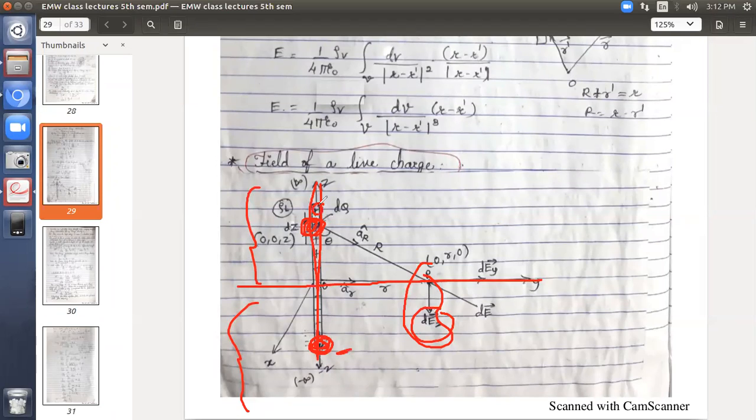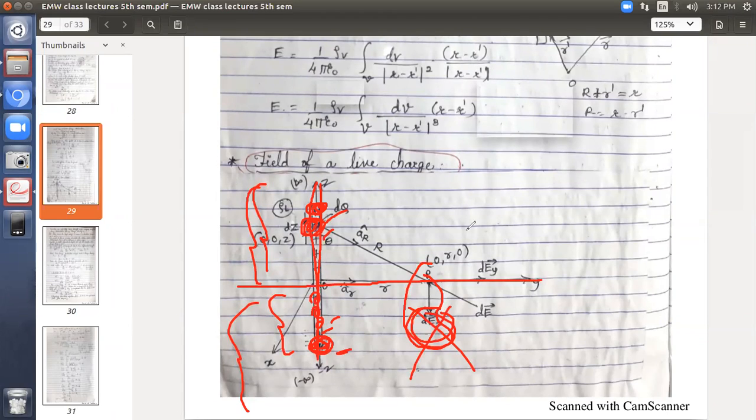So whatever components are present on the upside, even at the downside, for each of those areas, some component will exist. They both will be equal in magnitude, opposite in direction. Negative signs will be there. Due to this, the field component will eliminate. Okay, this was the reason which I had given you.